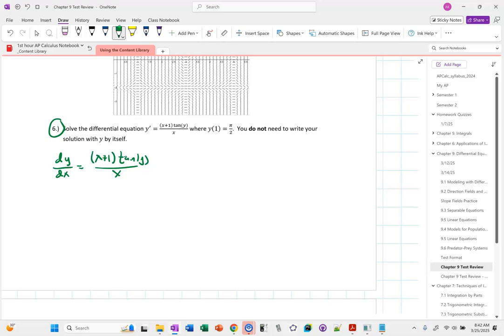And now what I want to do is get the x's and y's on different sides of my equation, right? I want to separate the variables. So I'll divide both sides by tangent y, and then multiply both sides by dx. So far, so good.